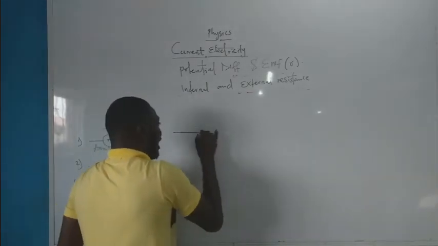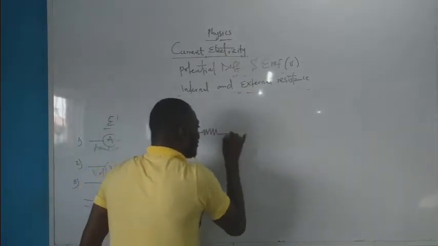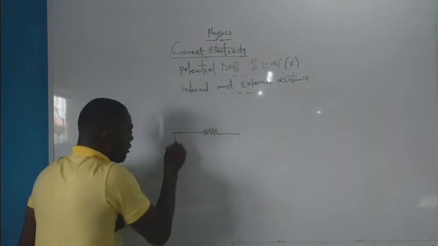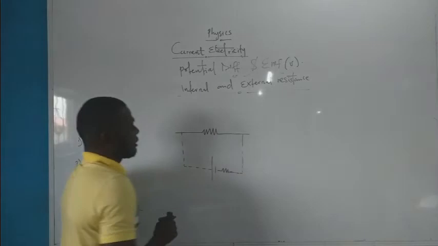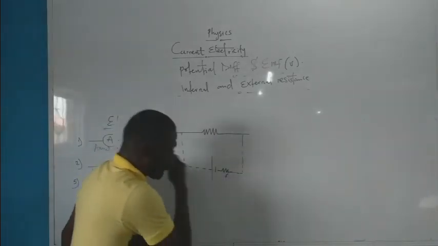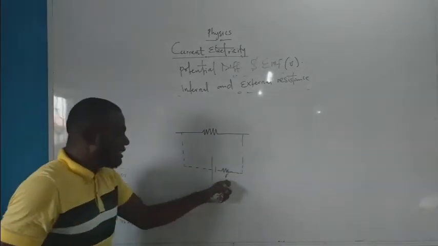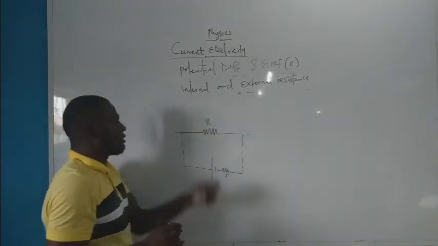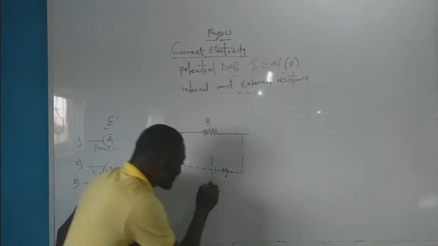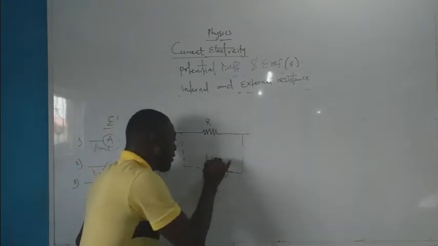Let's take for instance that we have this circuit. Small r is the internal resistance, big R is the external resistance, and this is E, the EMF.